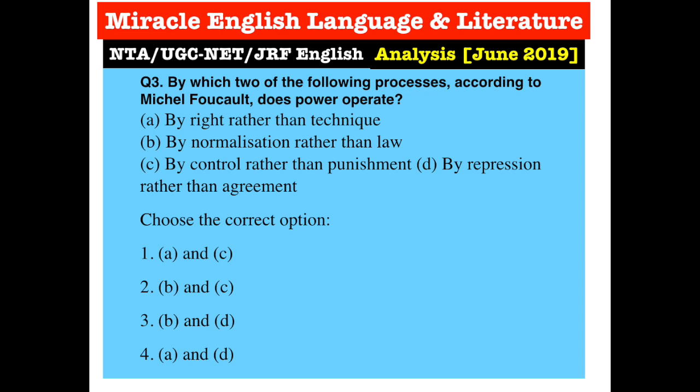big thing. So similarly, the second one says that by control rather than punishment. That is also important. All these rape cases, the society demands a very strict punishment. Of course, we all want that the culprits should be punished severely so that no one dares.